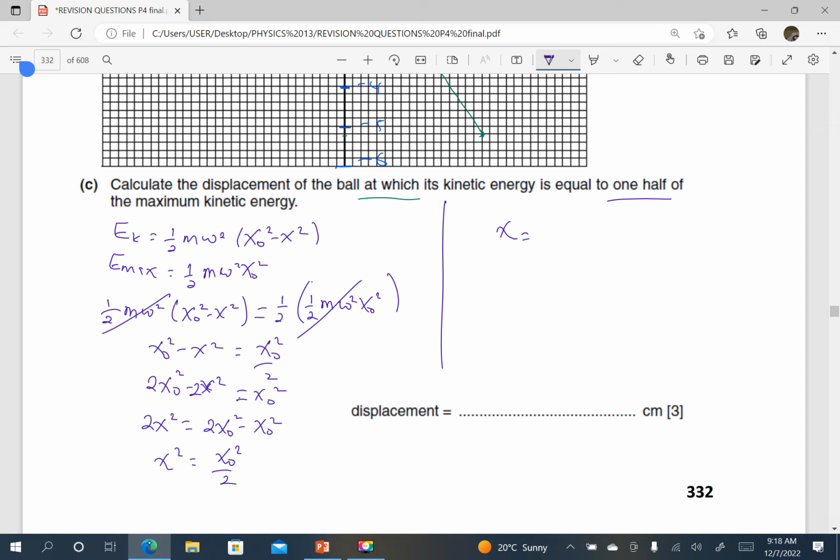So x is going to be x naught over root 2, where x naught is 1.7 centimeters, divided by root 2. I press my calculator. So from my calculator, I get 1.2 centimeters. Okay.